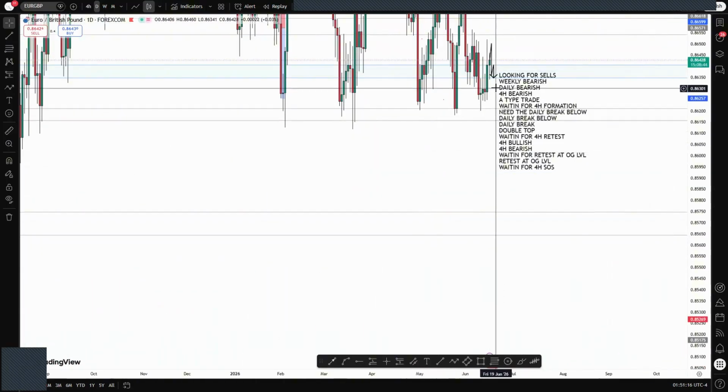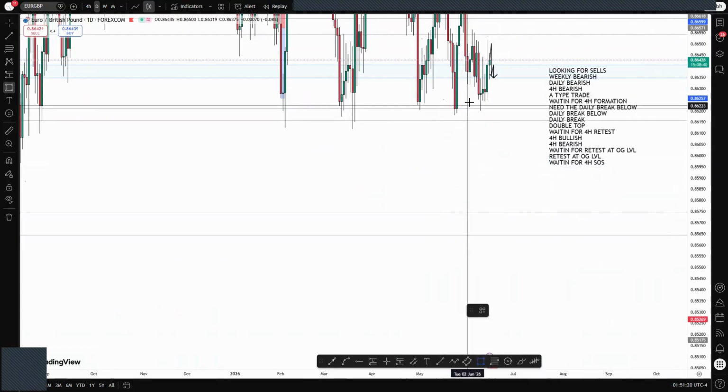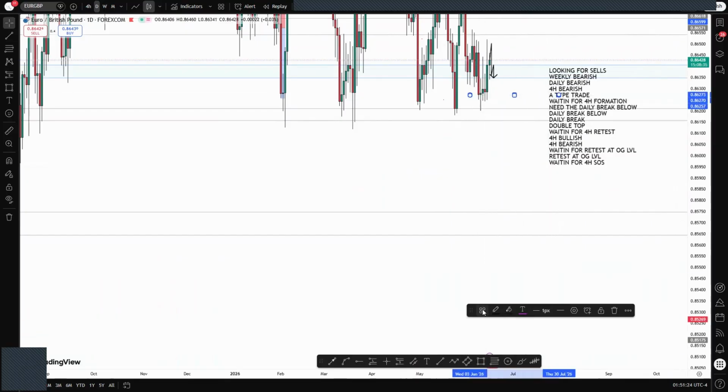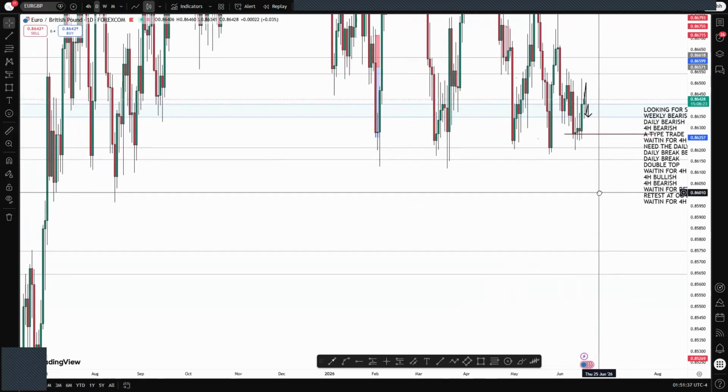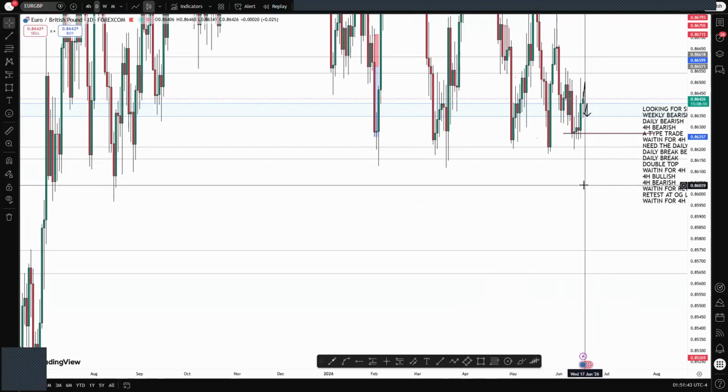Once price breaks below this level, trust me, once price closes below this level, then we are going for sales. Massive sales. Okay.